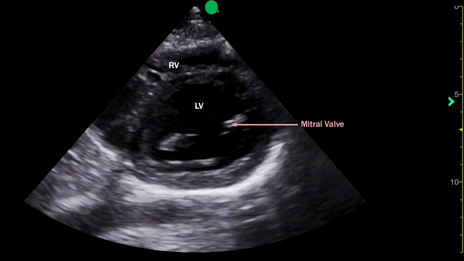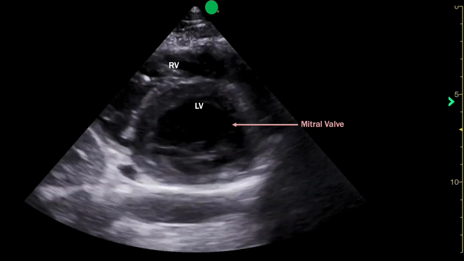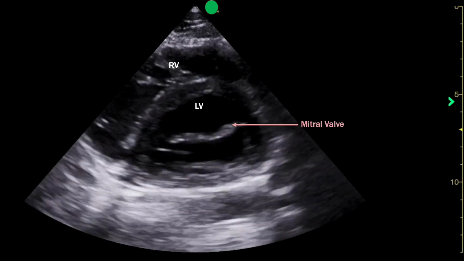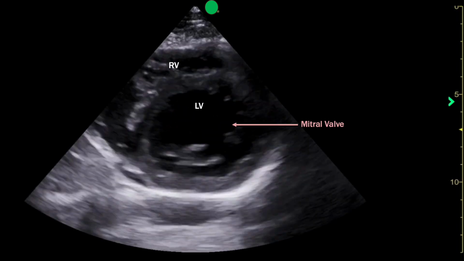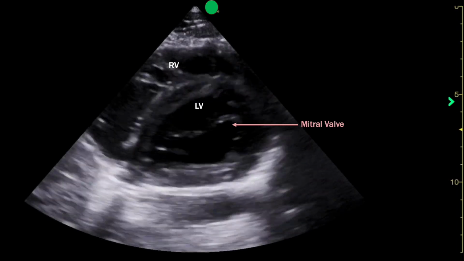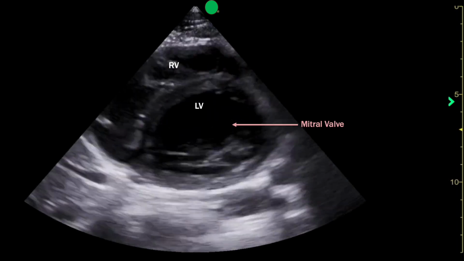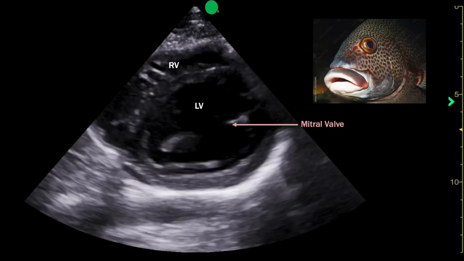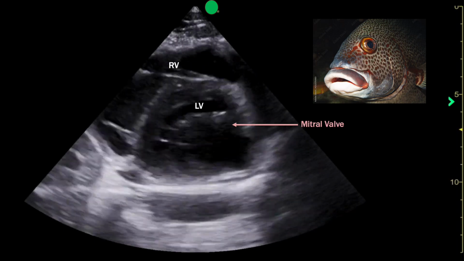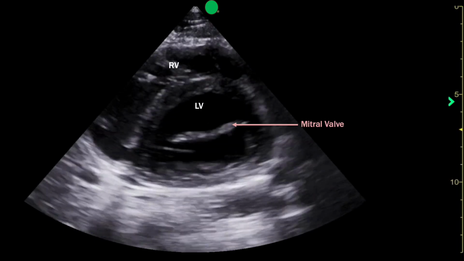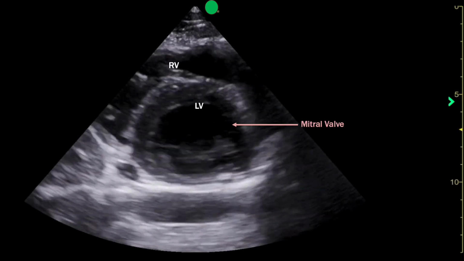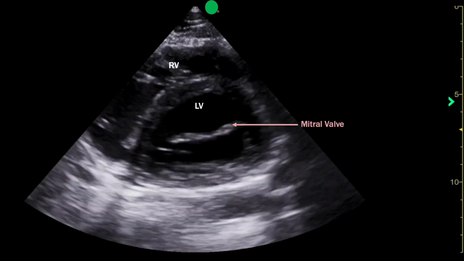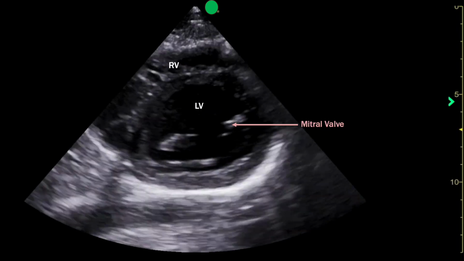From the papillary views, if we slide the probe slightly towards the sternum, or we simply tilt the tail of the probe down towards the feet, we can appreciate the mitral valve level, or the fish mouth view, of the parasternal short axis. Here we can see the anterior leaflet of the mitral valve, and then the posterior leaflet of the mitral valve.